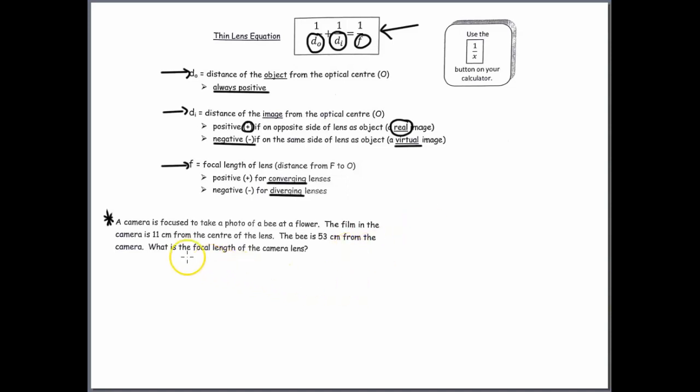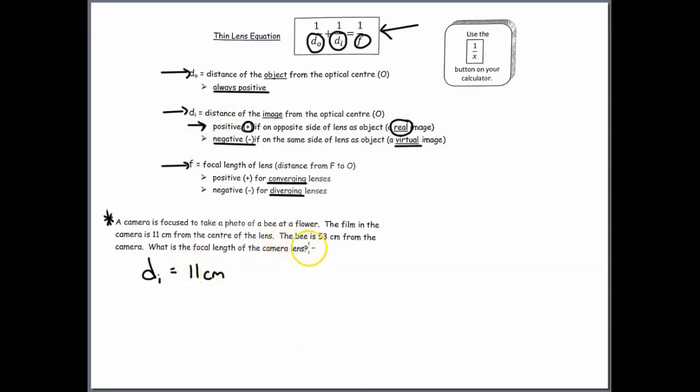So it's the image that is being focused on the film. So this is the distance to the image. And since that would have to be a real image, since it is being produced on a screen, we know that dI is going to be a positive value. So it is positive 11 centimeters.